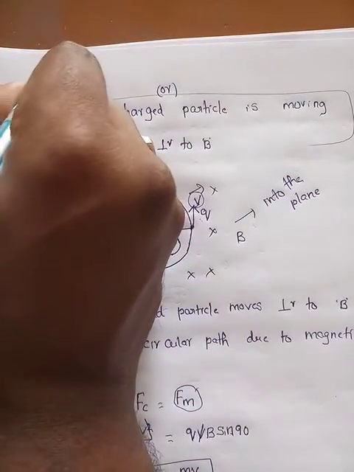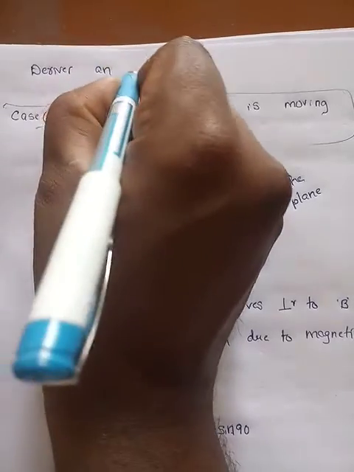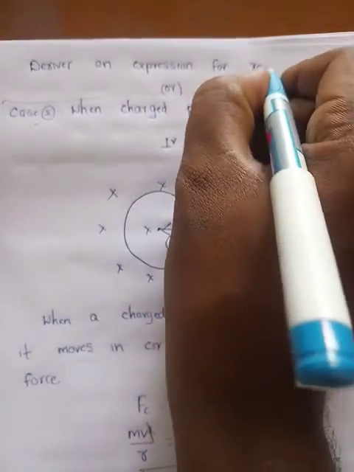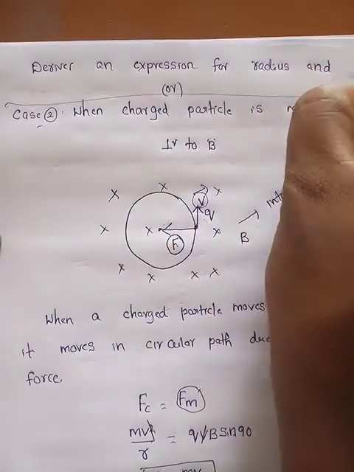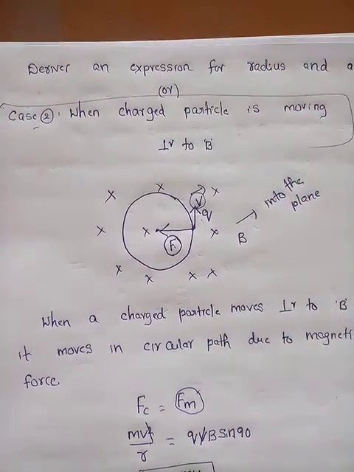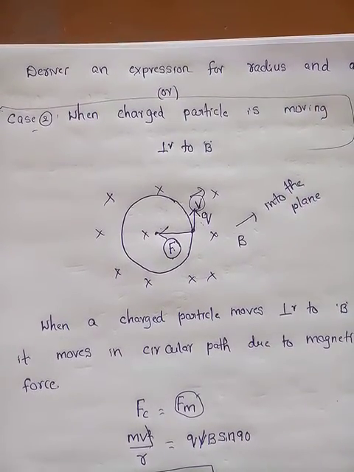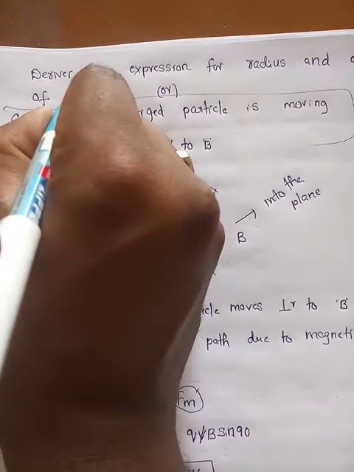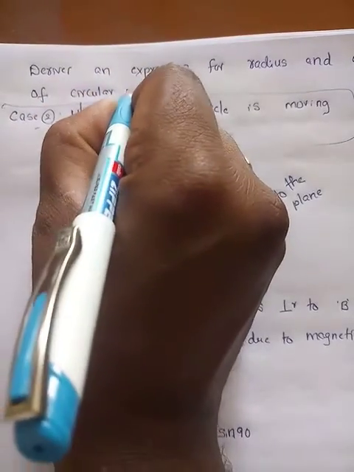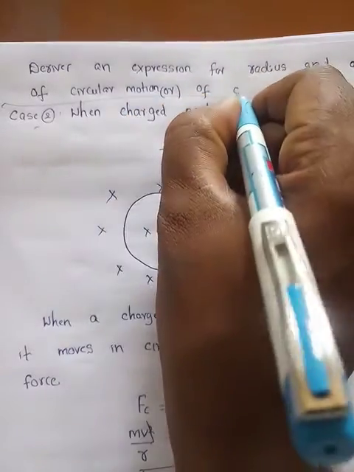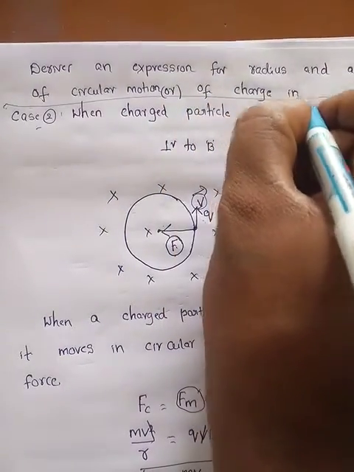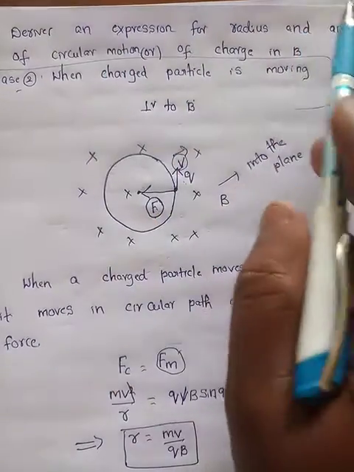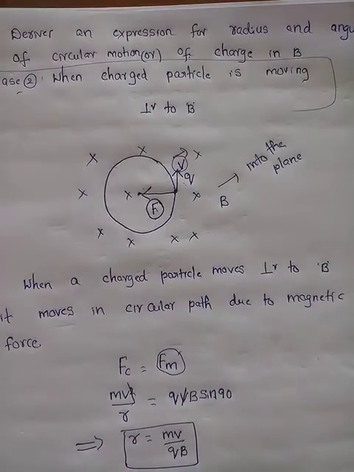Derive an expression for radius and angular frequency of circular motion of a charge in a uniform magnetic field.